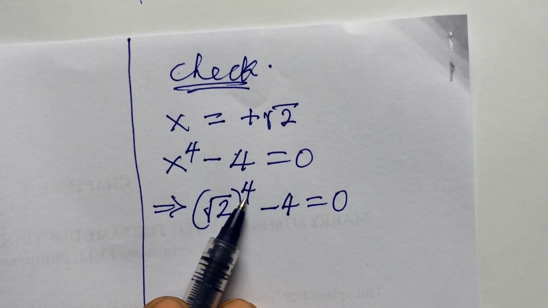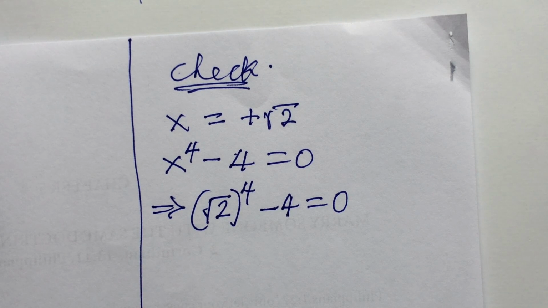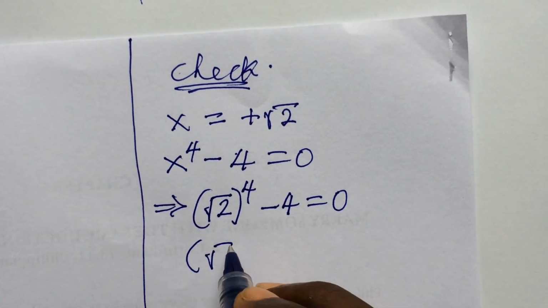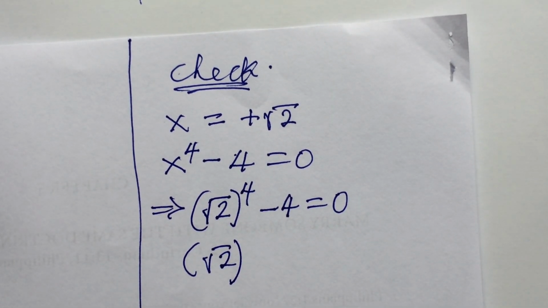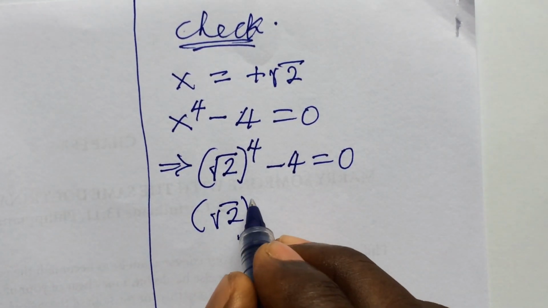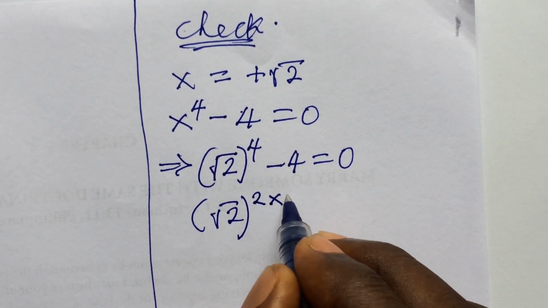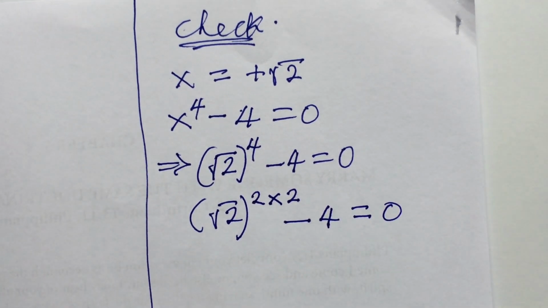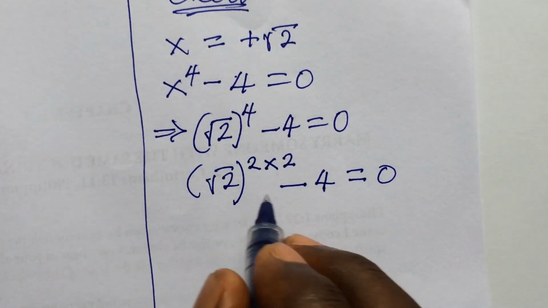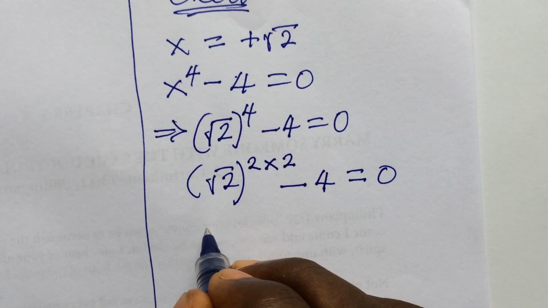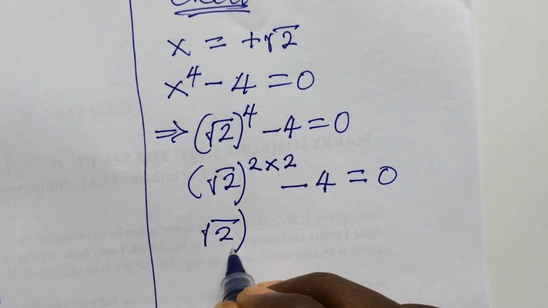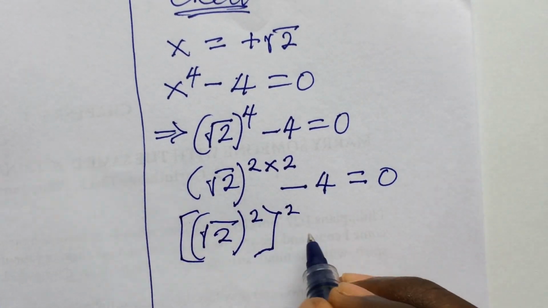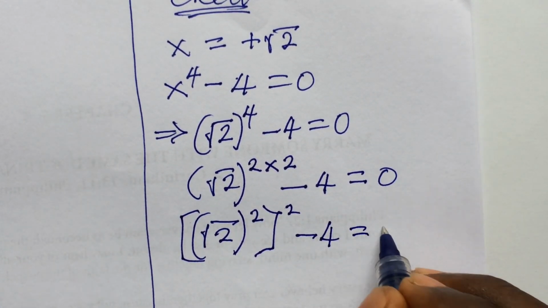We said our 4 could also be written as 2 times 2. And so if we write that, we're going to have the bracket root 2 close bracket to the power of 2 times 2, minus 4 equal to 0. Now I can rewrite this as the square root of 2 squared, all squared, minus 4 equal to 0.